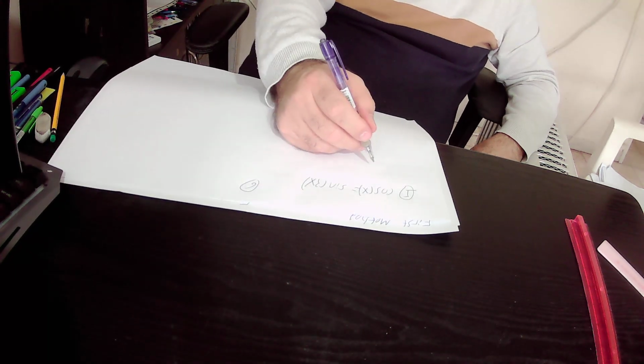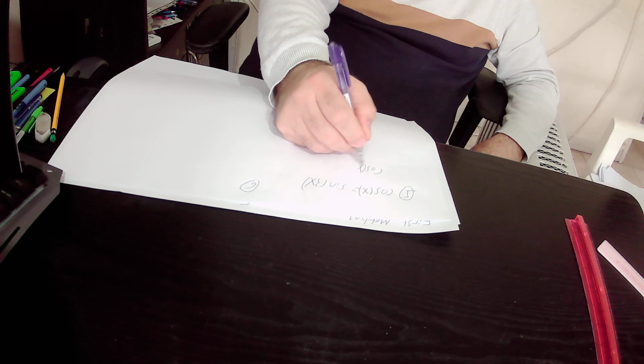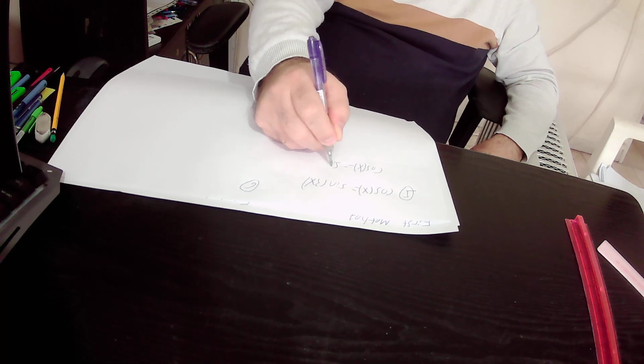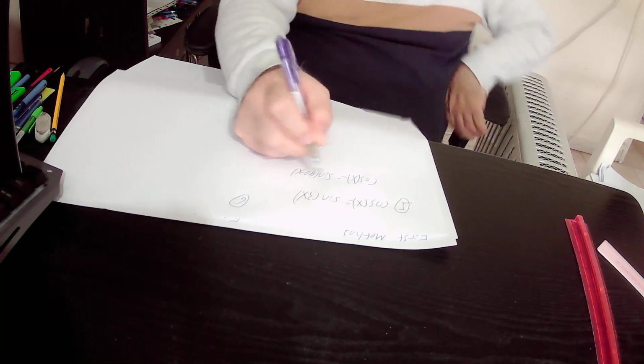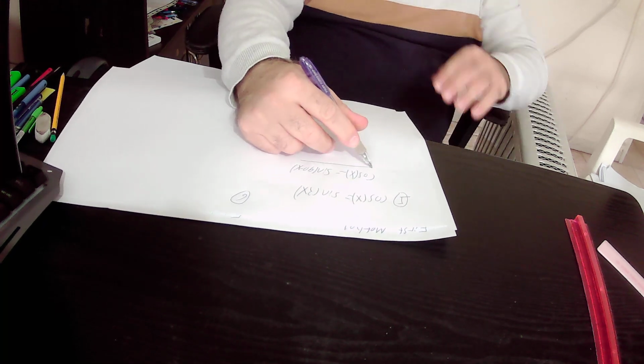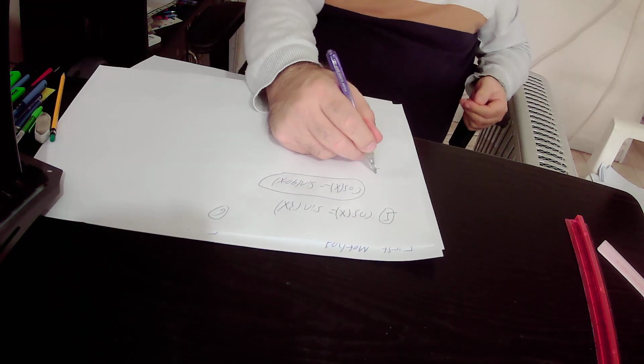But we have the trigonometric identity that cosine x equals sine of (90 degrees minus x). So we can substitute cosine x in equation number 1 by sine of (90 degrees minus x).